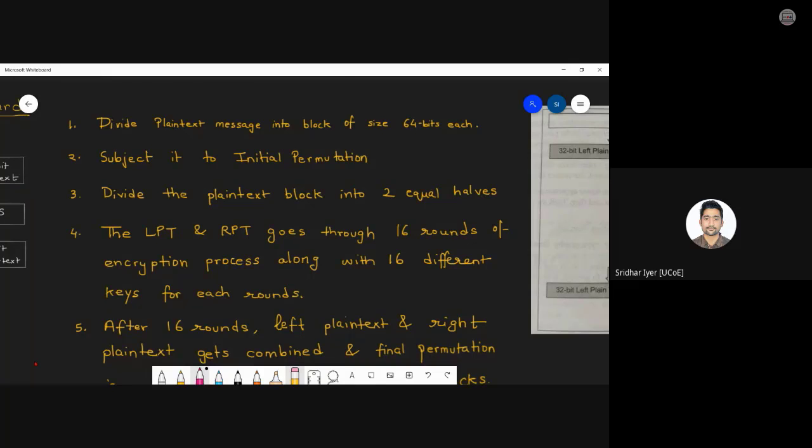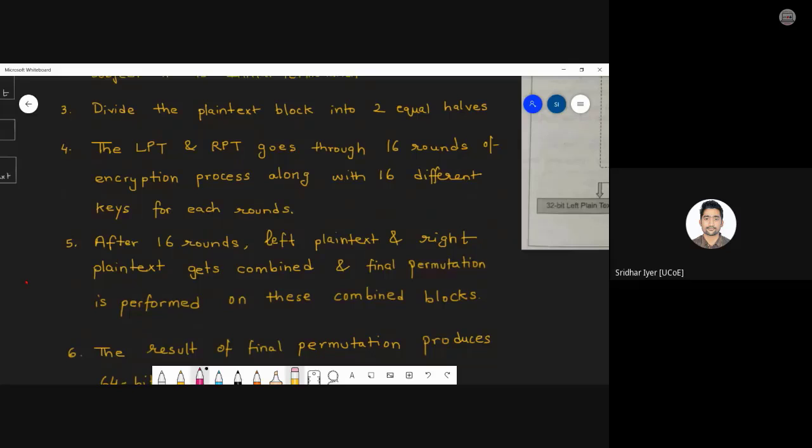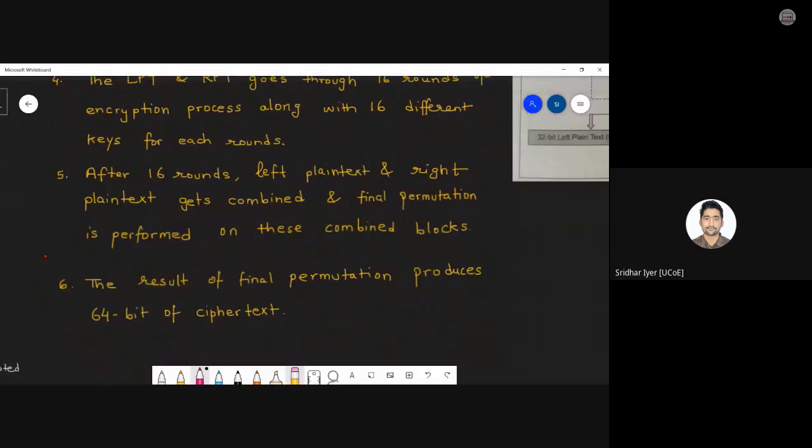After 16 rounds, the left plaintext and the right plaintext get combined, and the final permutation is performed on the combined block. The result of the final permutation produces the 64 bits of ciphertext. Am I clear schematically? I hope so.